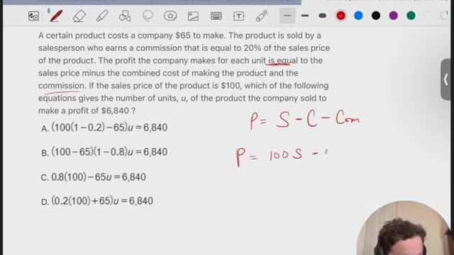Minus 65, however much you sell. Minus 20% of how much they sell, of the sales price. So 0.2 times 100s is what I'd say. Cool. All right.